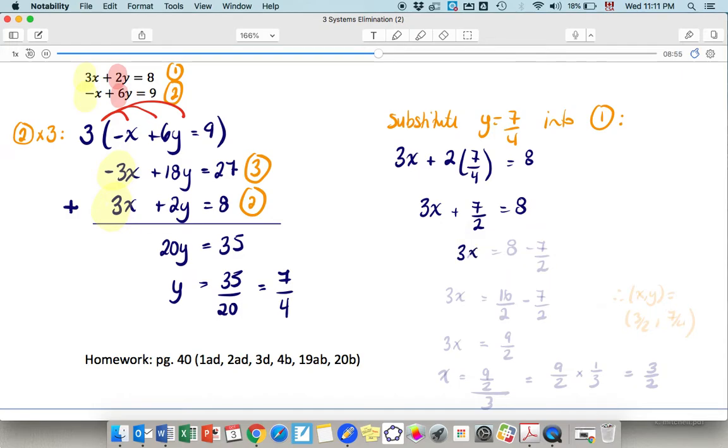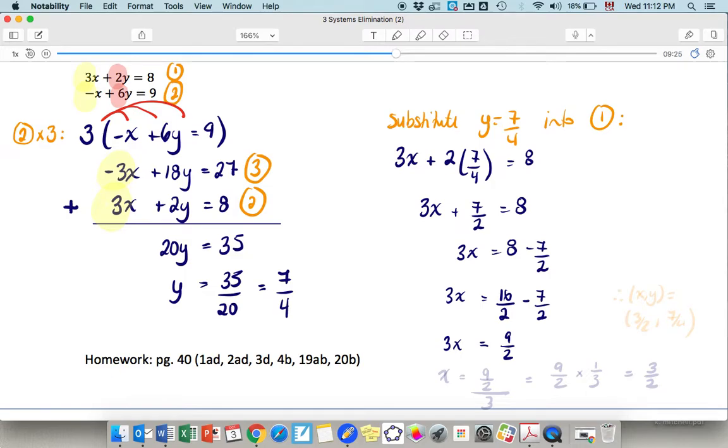So I have 3x equals 8 minus 7/2. 8 is the same thing as 16 over 2 minus 7/2, and this will become 3x equals 9/2.